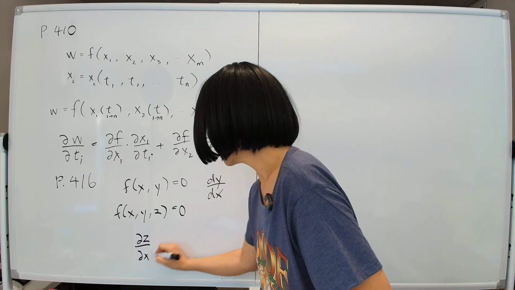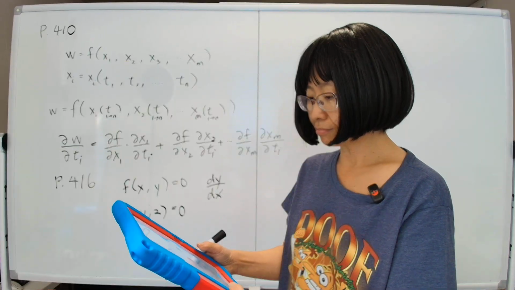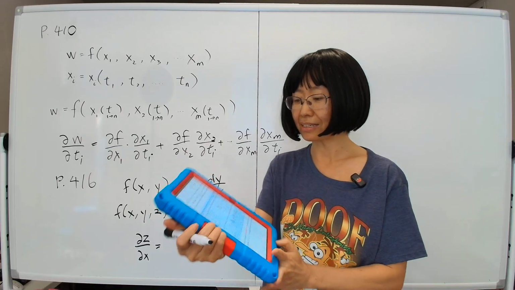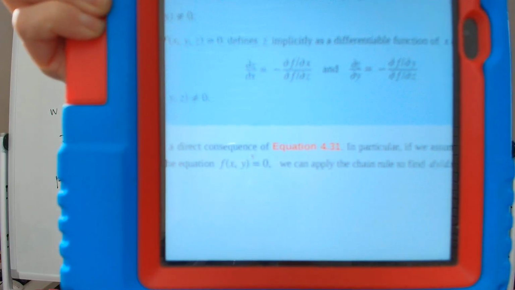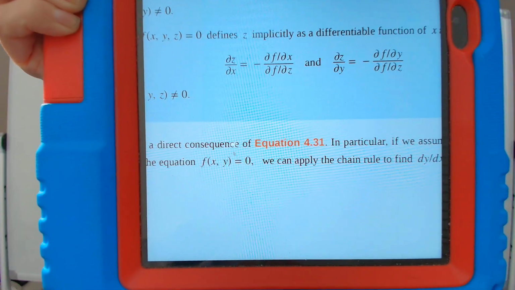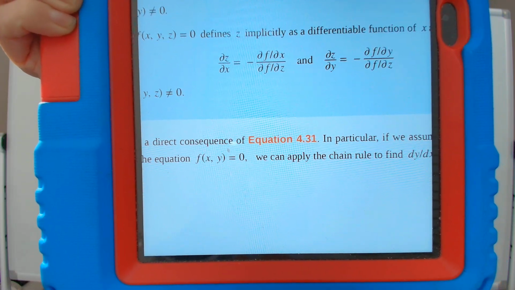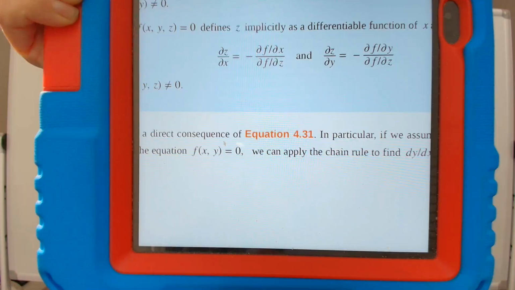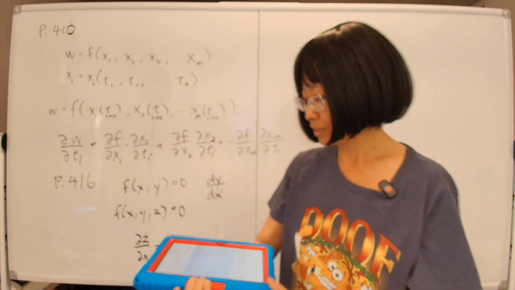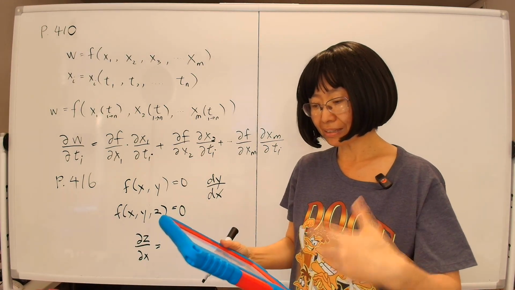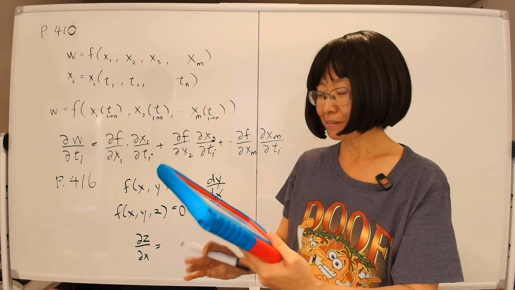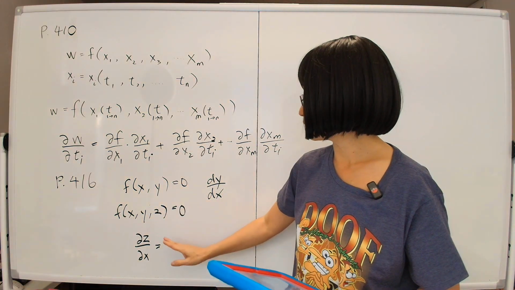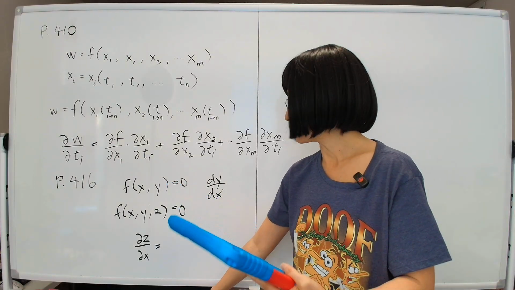In that case, by the time we get through the proof, you realize that it is equal to negative partial f partial x over partial f partial z. You notice the fraction makes sense. That is, if you flip that around, that kind of evens out. But that's not the point. The point is that that formula works, and we're going to prove it.